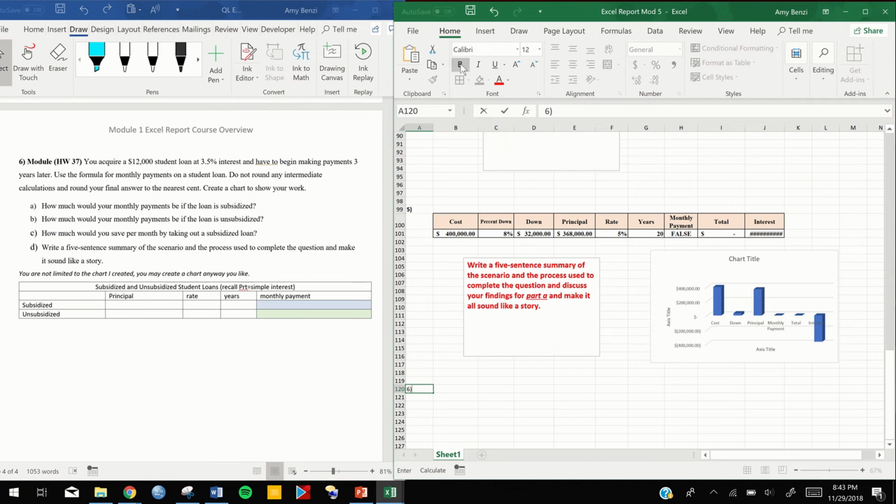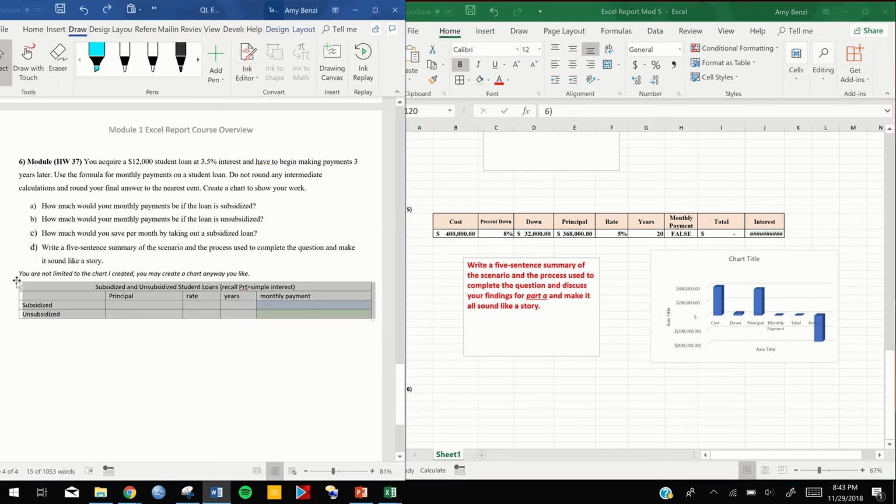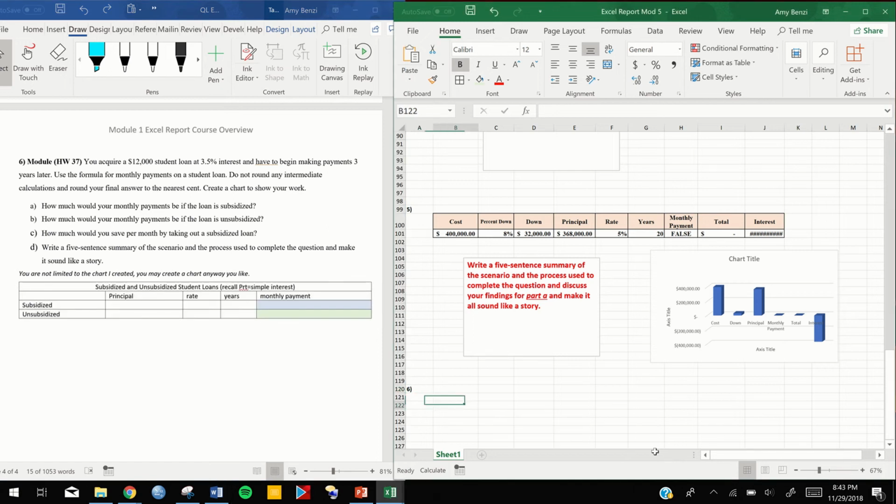Unsubsidized means that you accumulate interest while you're still in school. So say you go to school for 8 years and you take out a loan, you pay interest the whole time you're in school. I don't need to talk about it, let's just do it. You'll understand better to actually see it. So I am going to copy this here.